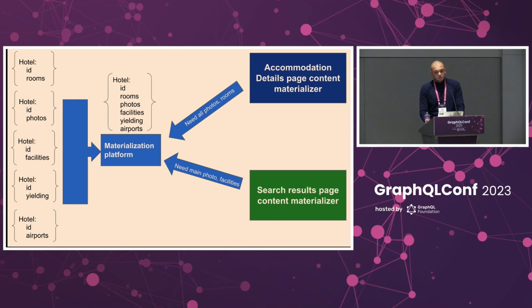So through this setup, we could now scale materialization. It's not like one component we had at the beginning, but rather each application can materialize what they want. For example, the search result page is only interested in the main photo and facilities to build this small carousel items on the search result page. And the accommodation page requires more comprehensive content to build a hotel page view.